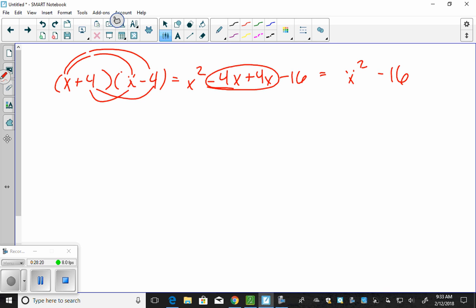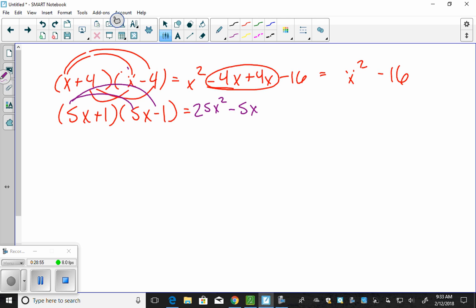My next example is 5x plus 1 and 5x minus 1. But first, I'm going to change colors. 5x times 5x is 25x squared, because x times x is x squared. 5x times negative 1 is negative 5x. 1 times 5x is 5x.